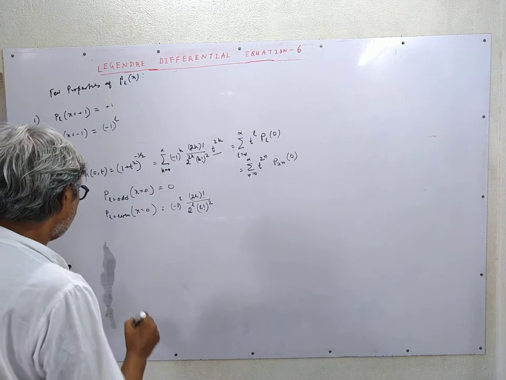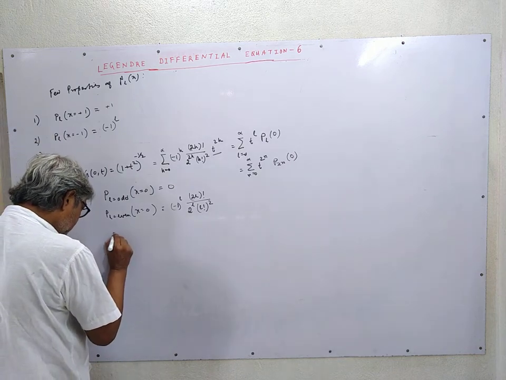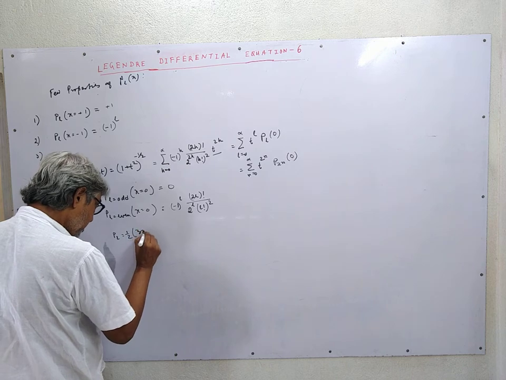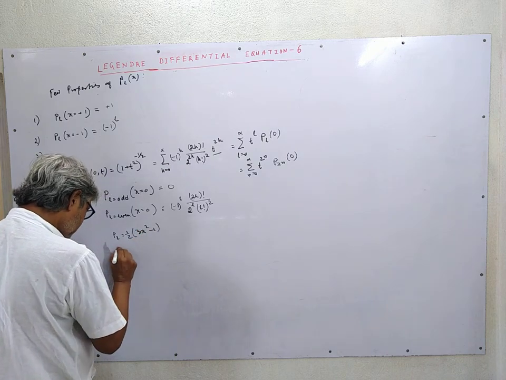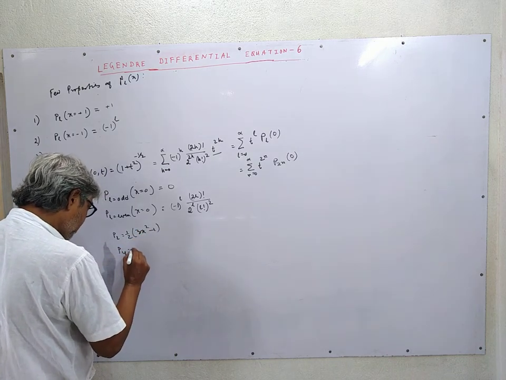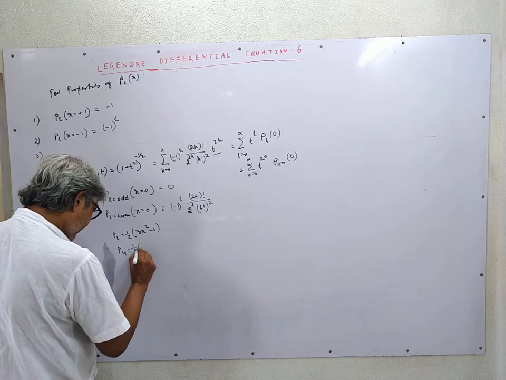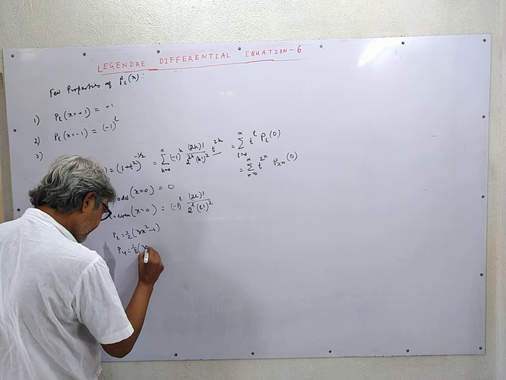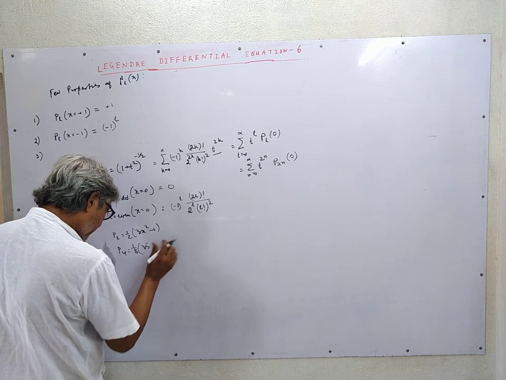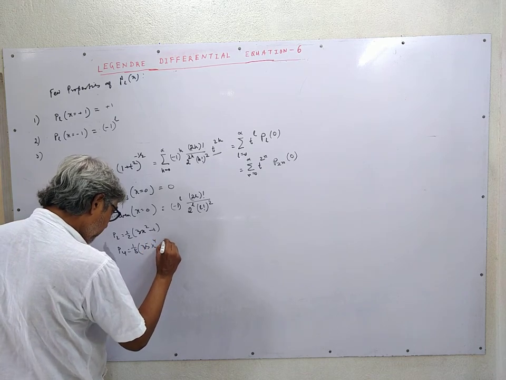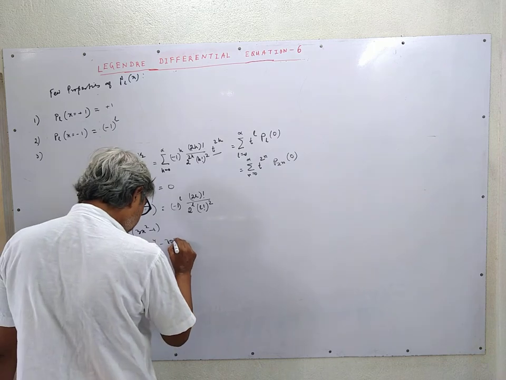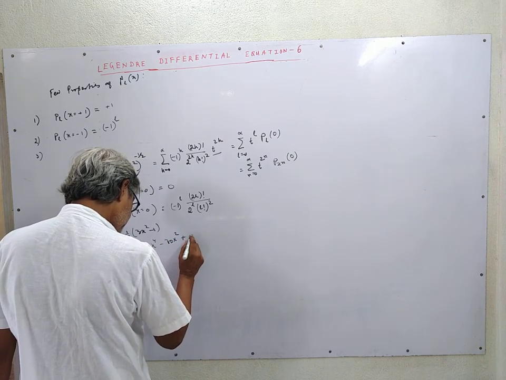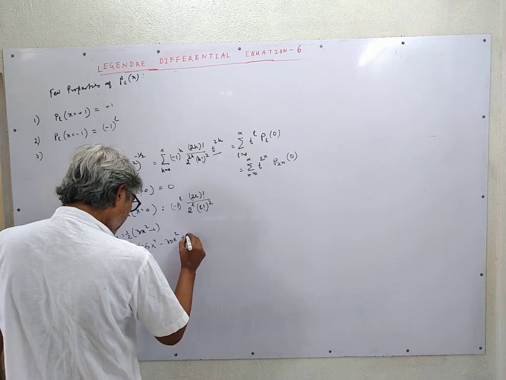You can check that we know that P_2 is equal to (3x square minus 1)/2, P_4 is equal to 1/8 (35 x to the power 4 minus 30 x square plus 5).